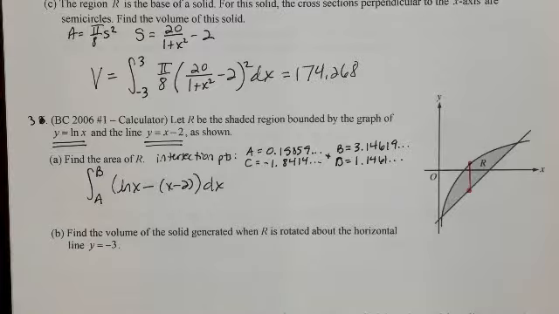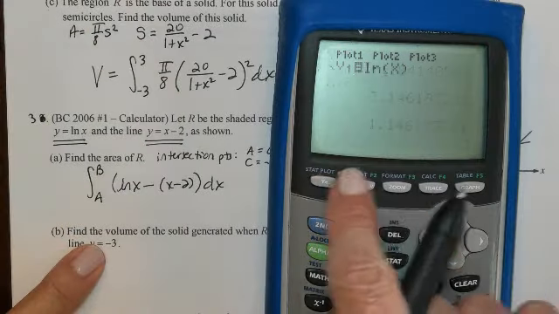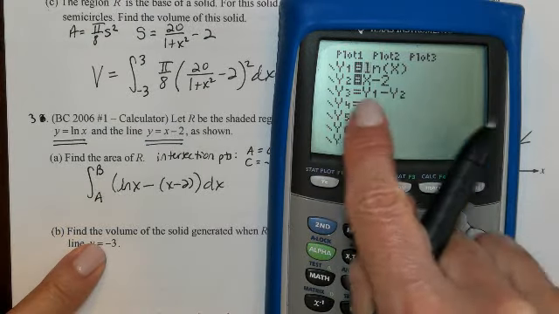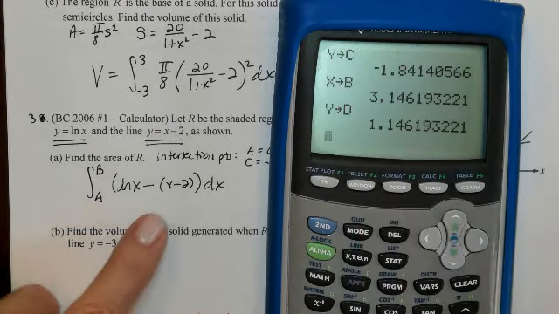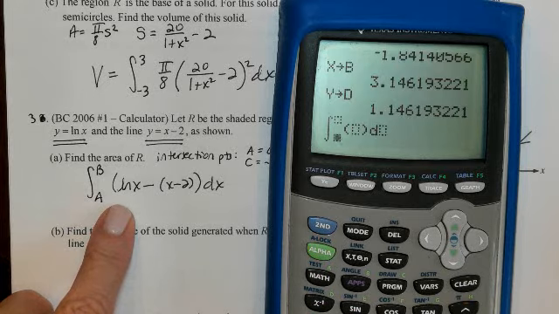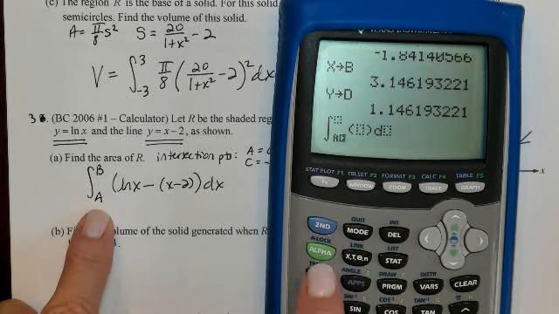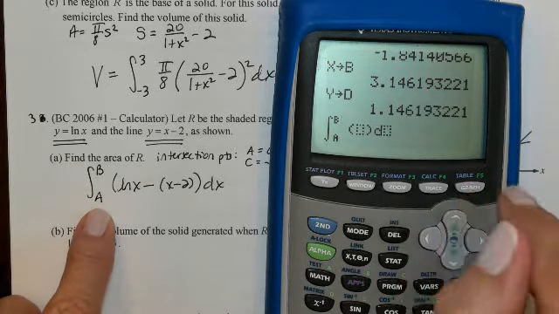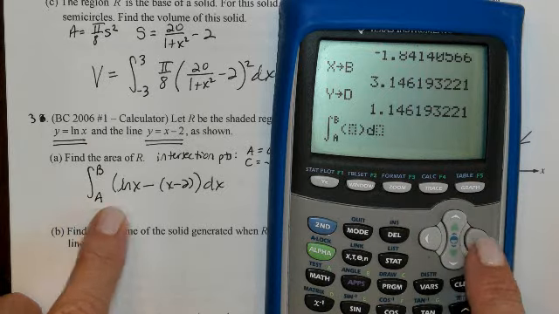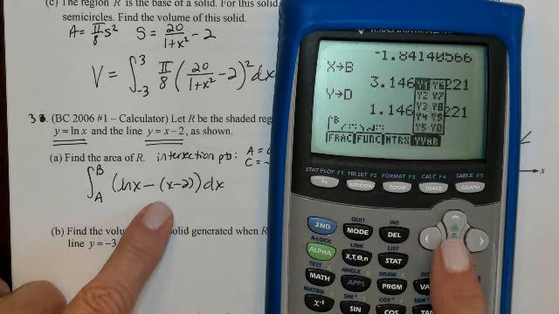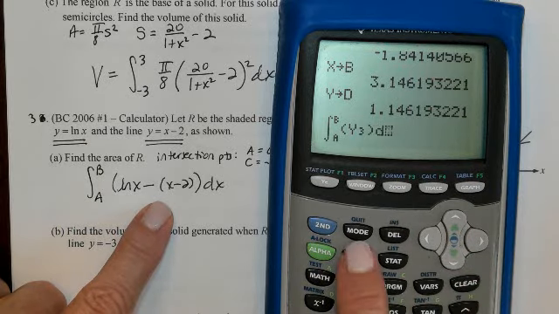And remember, the top minus the bottom is stored in for my y3, right? So math 9, A to B, because we stored those values in, of y3 dx.